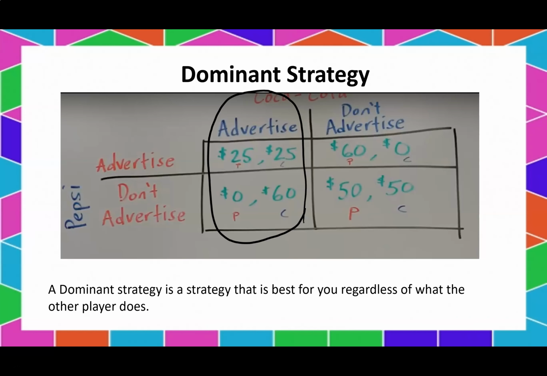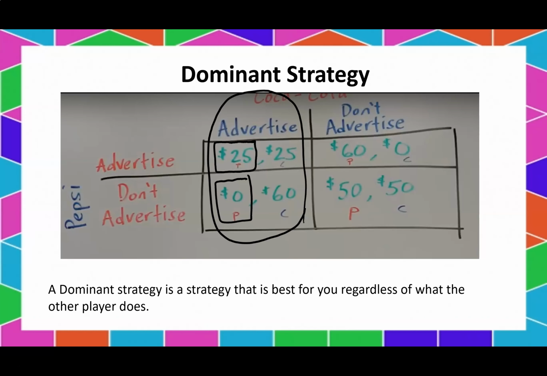So if Coke advertises, what is the best thing for Pepsi? Well, let's look at the two situations. Remember, Pepsi is going to be the first number. So if Coca-Cola advertises, Pepsi would make $25 by choosing advertise, and they'd make $0 by choosing don't advertise.